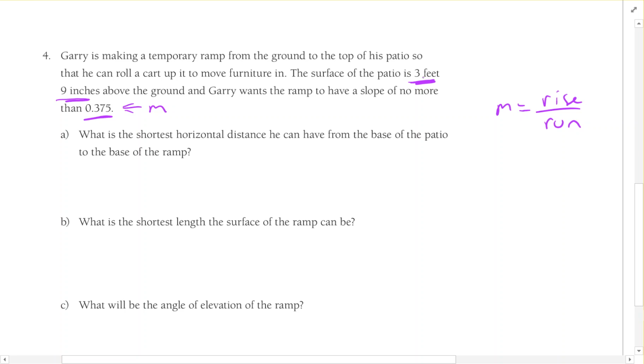And if you forget how many inches are in a foot, there are 12 inches in 1 foot. Okay, so that's going to be your help there. I'd change this into inches and then put that into your formula over here. Okay, so that's for part A.